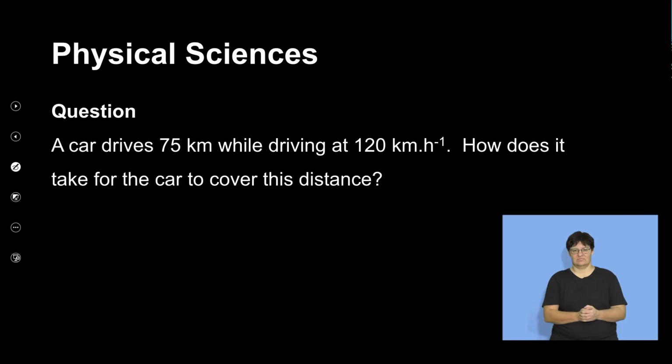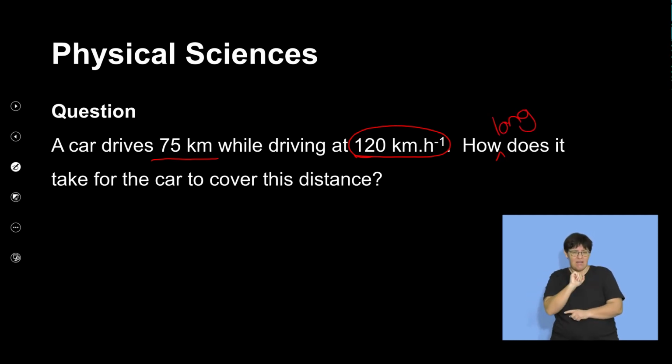Okay, so our next question. A car drives 75 kilometers while driving at 120 kilometers per hour, so that's the speed. And then this should say how long does it take for the car to cover this distance? They're asking for time.